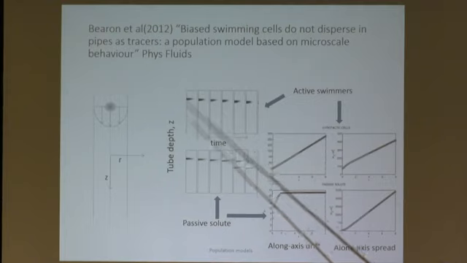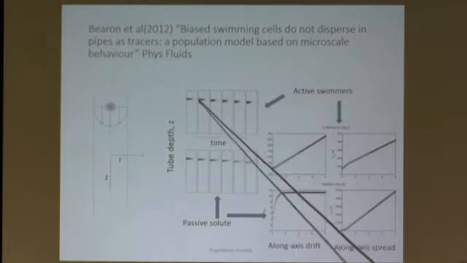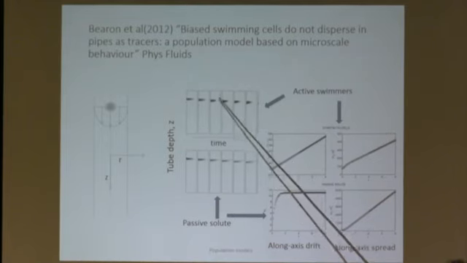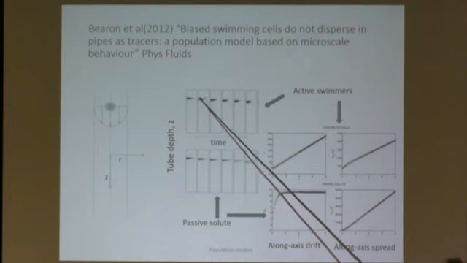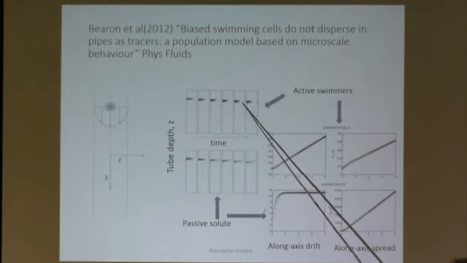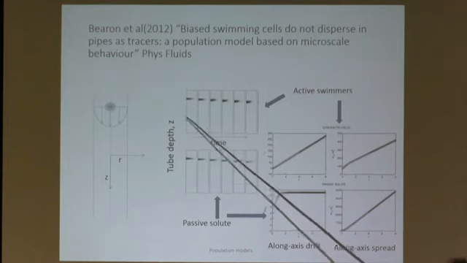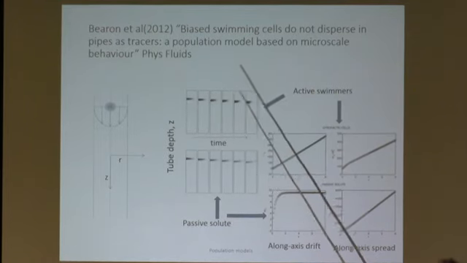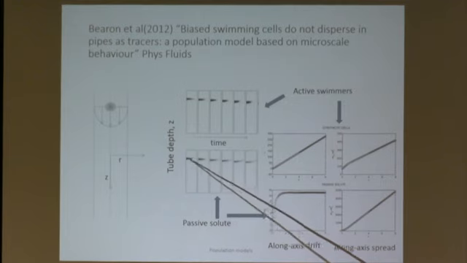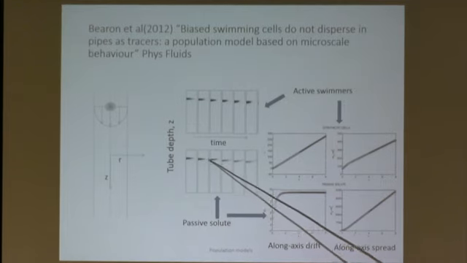What we see is that over time, the active swimmers are moving down with the flow, but they tend to move towards the center of the chamber, indicated by the left-hand line. This is a half slice of the channel. Whereas the passive solute tends to disperse radially.